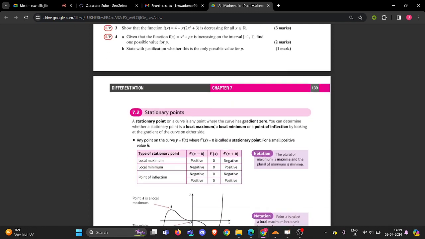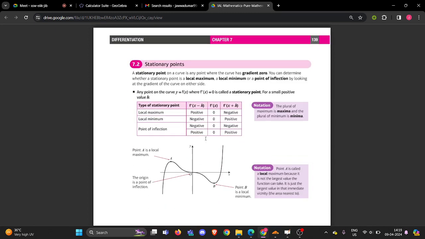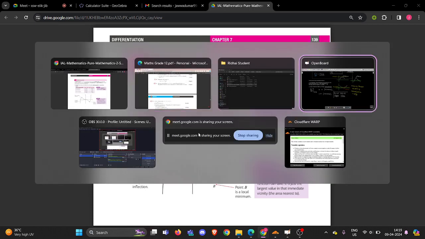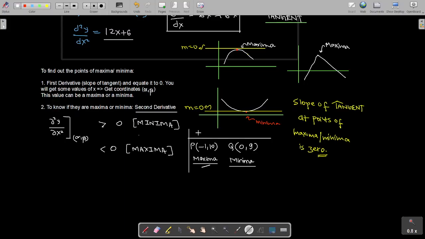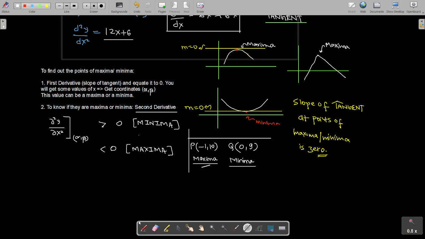I don't know why your books have separated it into two places, increasing and decreasing functions. Okay, we'll say stationary points. The local maxima, the local minima, or the points of inflection are called the stationary points. There's an inflection point as well. If the double derivative is equal to zero, then it's called an inflection point.